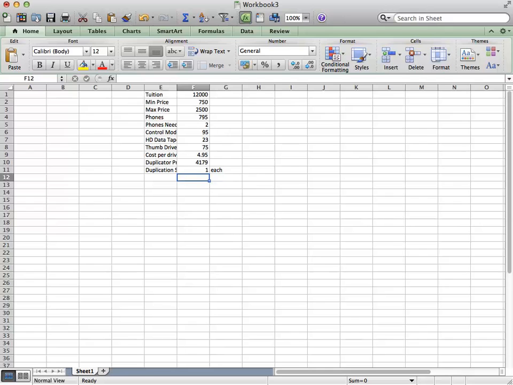Now, he's going to shoot weddings, and he doesn't know what his quantity is going to be, but he knows that his quantity is going to be based on his price. So once he has a price, let's say $750, because that's the minimum, he will know the quantity, and the quantity is an equation.